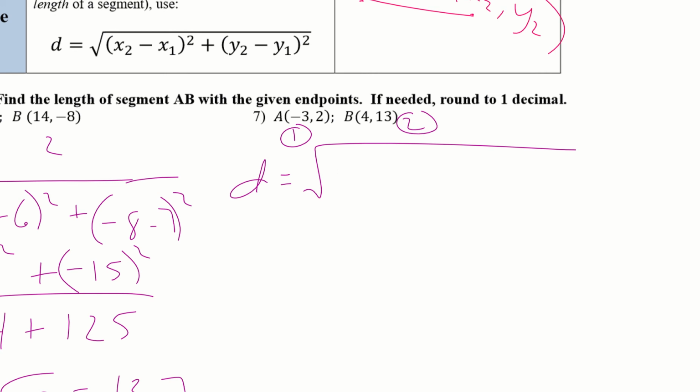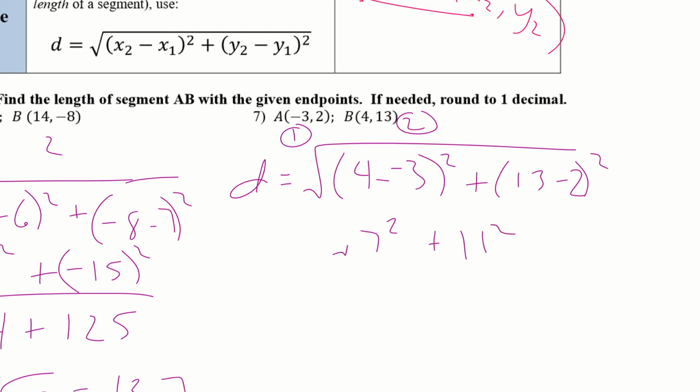It is 4. So my x2 is 4, subtract negative 3, I'm going to square that, add that to 13 minus 2, and we'll square that one as well. So now I have 7 squared plus 11 squared, and this whole thing is still being square rooted.